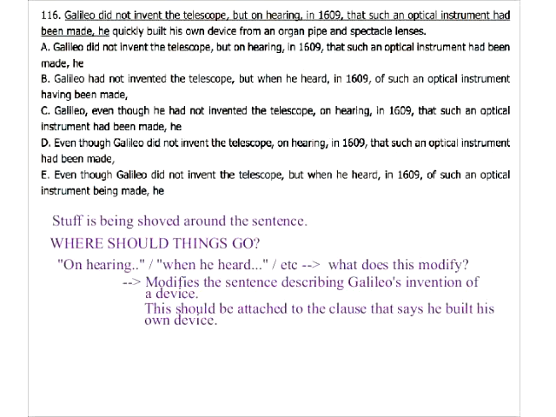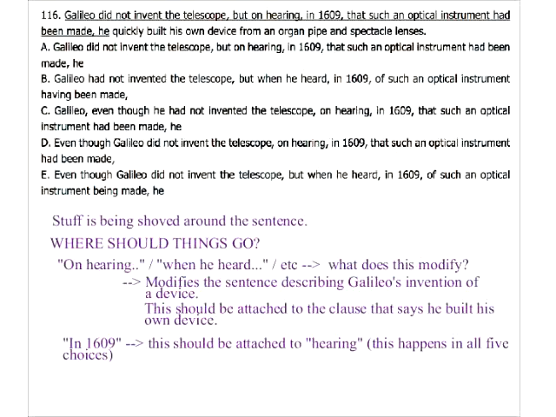So that's also a consideration. In 1609 should be attached to hearing, but that happens in all the choices. So that's not really a concern because it happens in all of the choices, but it's something that you would want to look out for. And then in turn, that whole thing should, yeah.